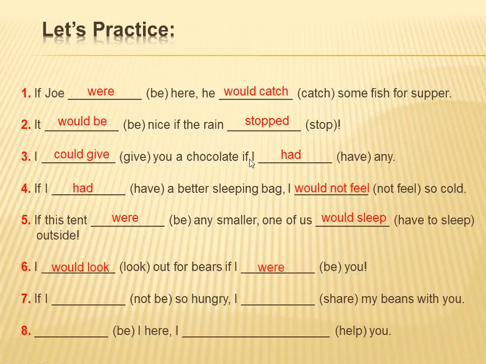Number 7, if I were not so hungry, I could share my bin with you. Actually, I'm very hungry and I'm not sharing my bin with you. Were I here, I would also say I could give you.